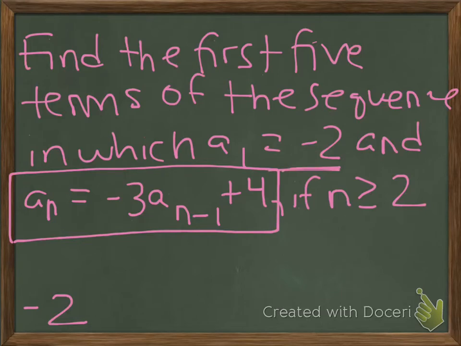And then our recursive formula that we're going to use is a sub n equals -3 a sub n minus 1 plus 4. And it's giving us the fact that n has to be greater than or equal to 2 when we're plugging this in.